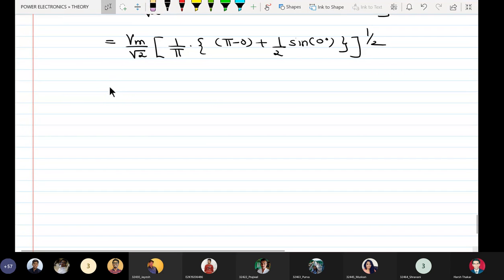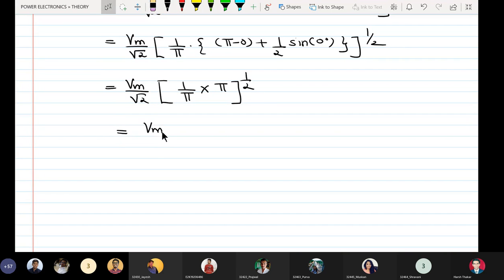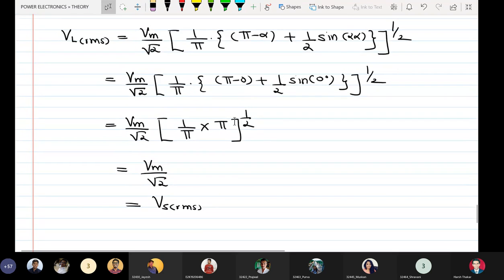So it becomes equal to Vm upon root 2 into the square root of 1 upon pi into pi by 2, which is equal to Vm by root 2, which is nothing but equal to Vs RMS.